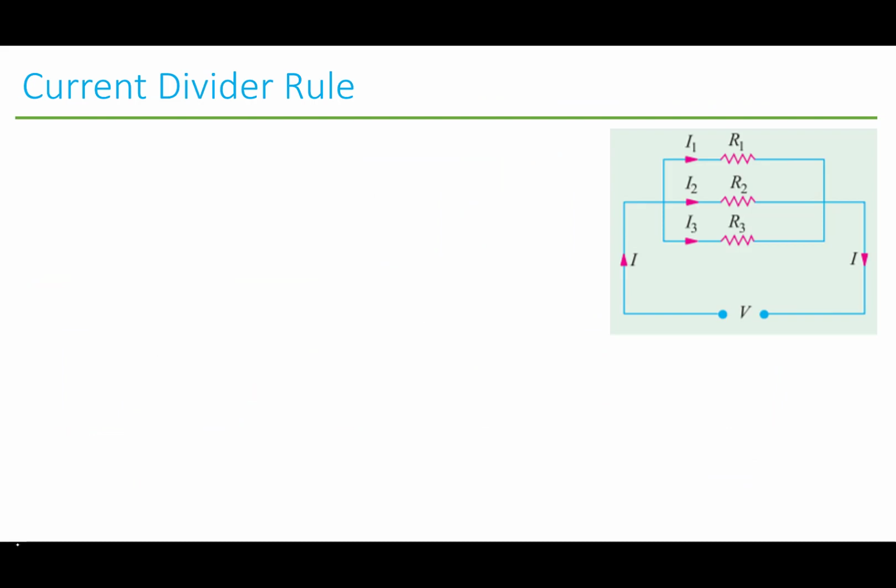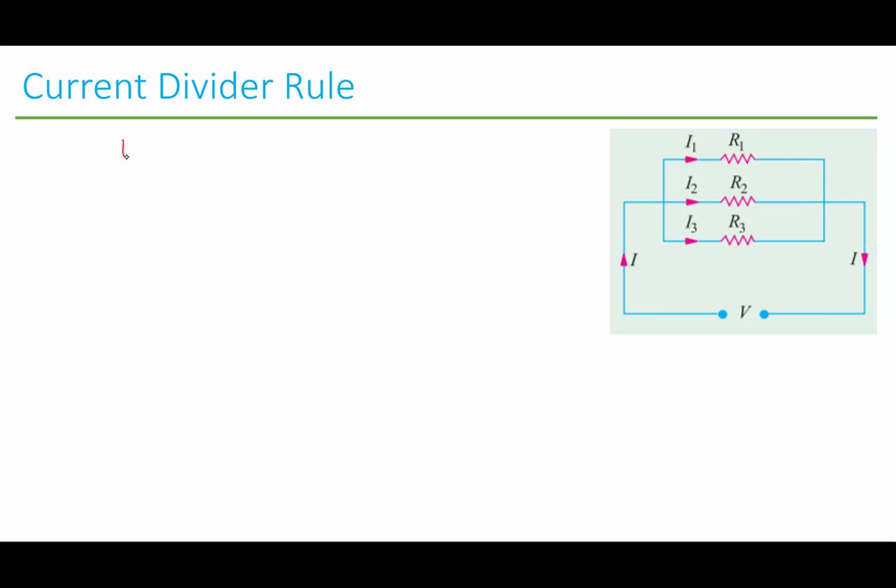Now let's find the current divider rule. That means we will find an expression for the individual branch current. How can we do that? We are interested in finding the current I1.